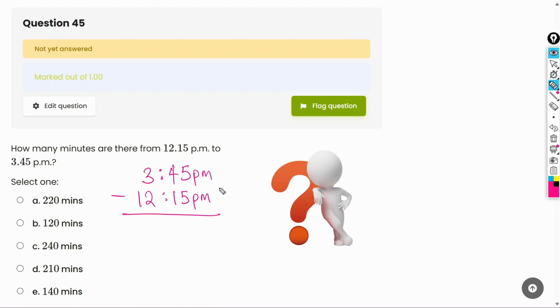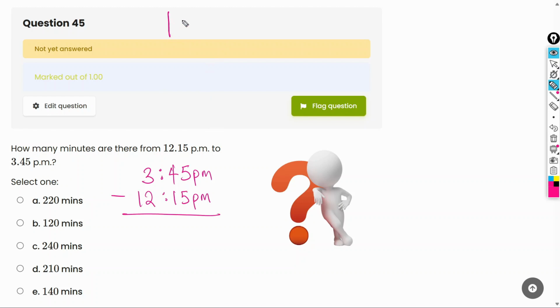But what will be easy for us is to change this to hours. You know that from midnight to 12:15 p.m., that's 12 hours and 15 minutes. But from midnight to 3:45 p.m. is not 3:45 hours. So we change from the 12-hour clock to the 24-hour clock.